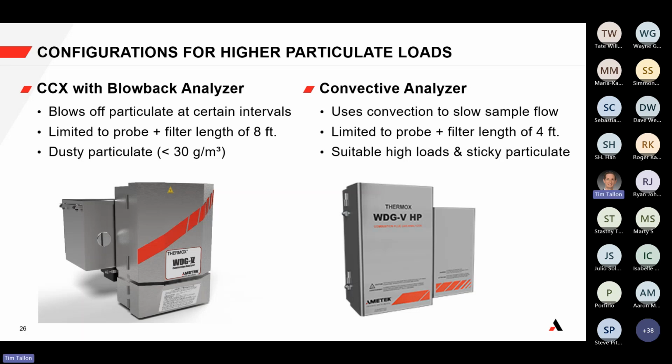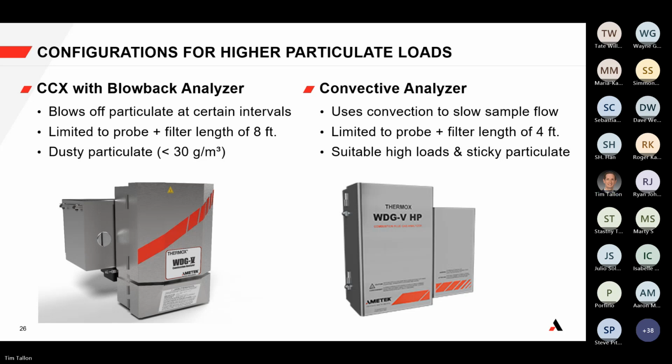So that's how we think about it for a blowback analyzer, and I'll show you more pictures on that in just a moment. But before that, as I contrast that, I would like to also highlight the convective analyzer type, which uses convection, which is a slower force compared to aspiration. In this case, close couple extractive has an aspirator. In the convective type, it's a slower sample flow. Now that being said, it's limited to an even smaller length of 4 feet because that convective force is only so strong, and while it slows the flow, it also slows the ability to pull a sample at greater lengths.